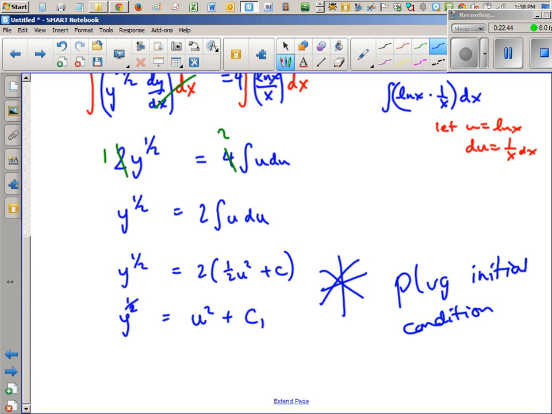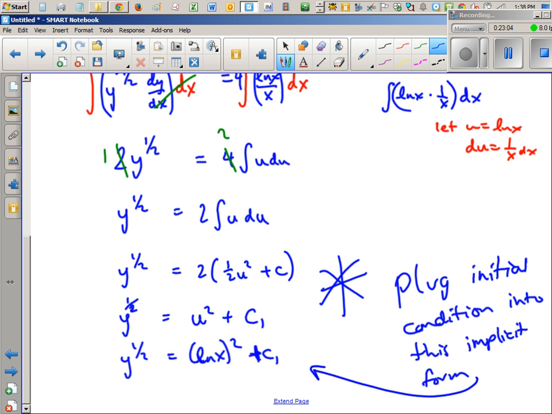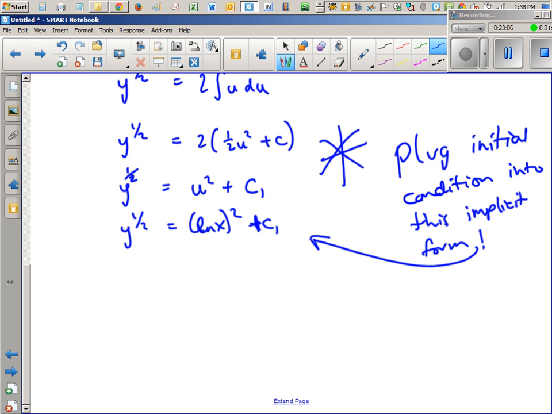You have to put your u back in. Yeah, I do need to change this back to a ln x here. You're right. But plug initial conditions into this implicit form. Why?